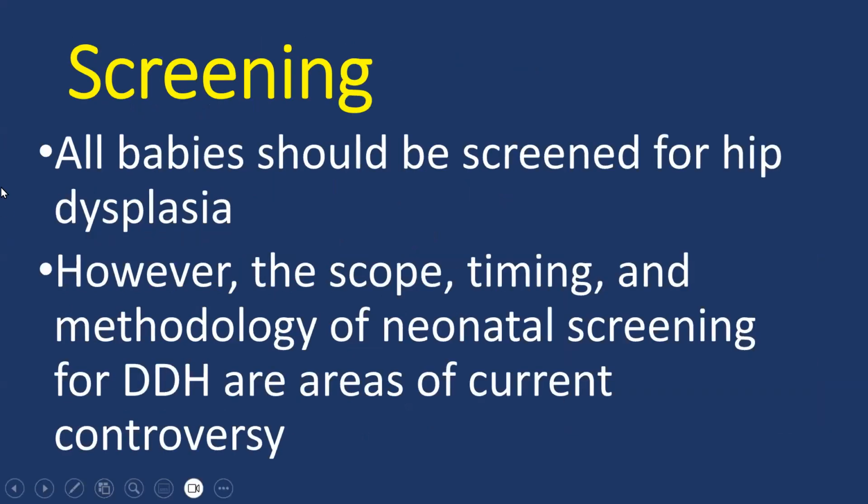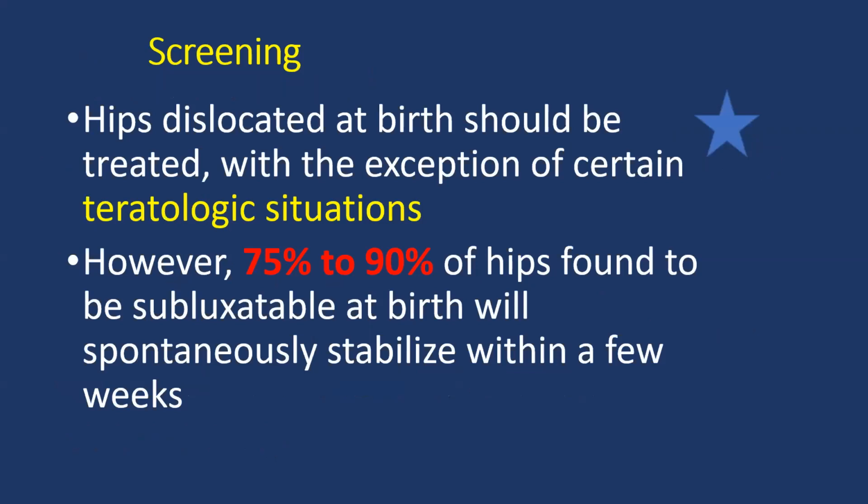All babies should be screened for hip dysplasia. However, the scope, timing, and methodology of neonatal screening for DDH are areas of current controversy. Hips dislocated at birth should be treated with the exception of certain teratologic situations. However, 75 to 90% of hips found to be subluxatable at birth would spontaneously stabilize within a few weeks.